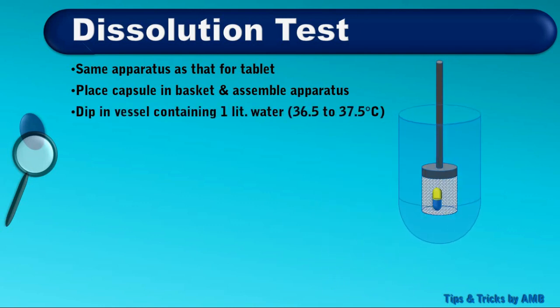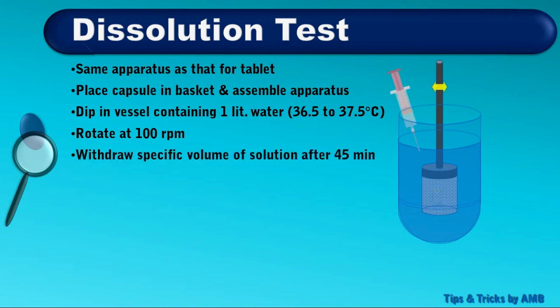Assemble the apparatus and dip it in a vessel containing 1000 ml, that is 1 liter of water, which is maintained at a temperature of 36.5 to 37.5 degrees Celsius. Start the apparatus and adjust the speed of rotation to 100 rpm, that is revolutions per minute.